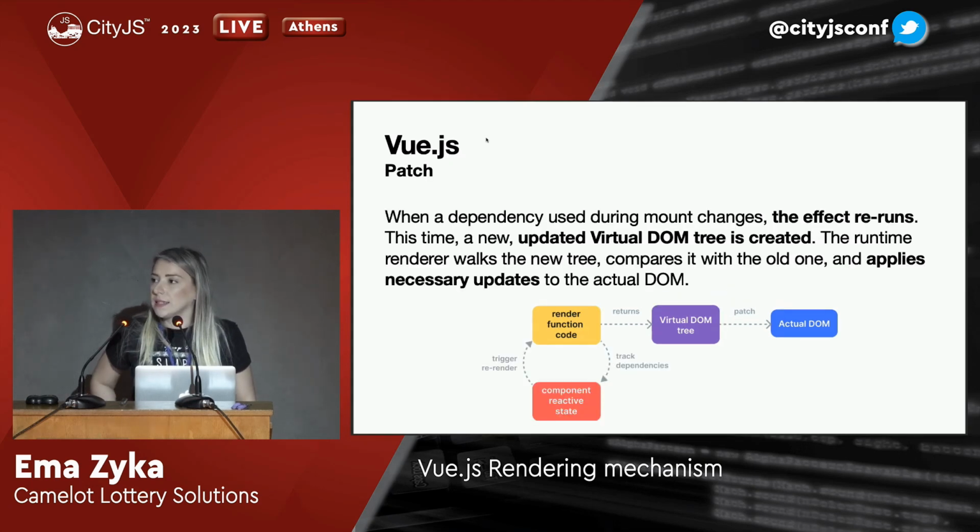And when something changes, because there are tracked dependencies that we typically use in our templates and implementations, these are tracked, and the runtime renderer walks through this new virtual DOM tree, does the comparison, and updates the virtual DOM first with any necessary updates, and this reaches the actual DOM at the end.